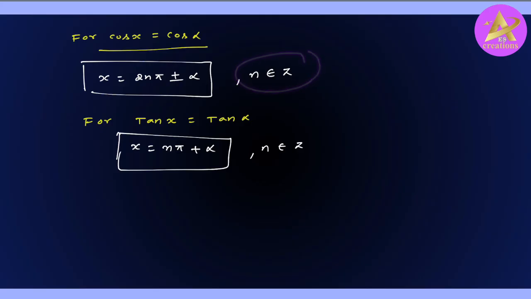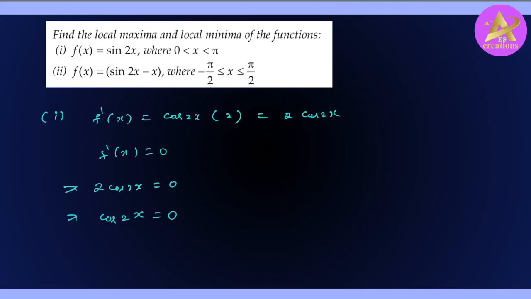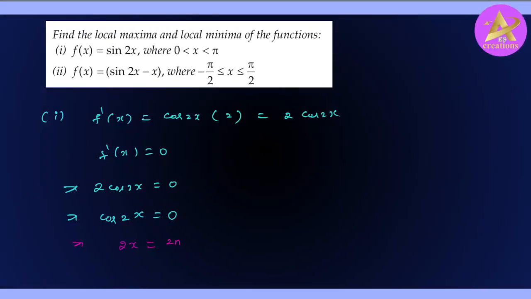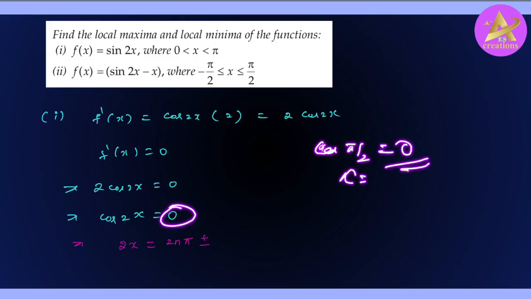Now cos 2x equal to 0, that means 2x equal to 2n pi plus or minus alpha. Cos pi by 2 gives 0, right? That means alpha is equal to pi by 2.